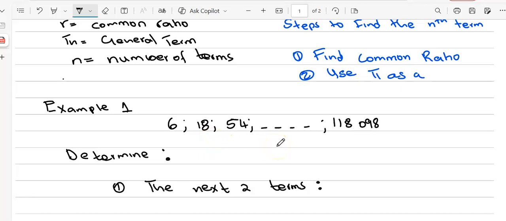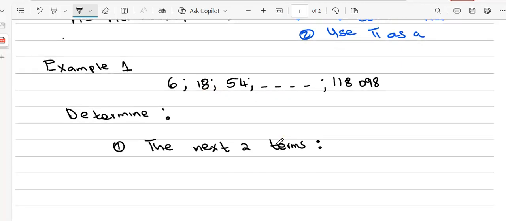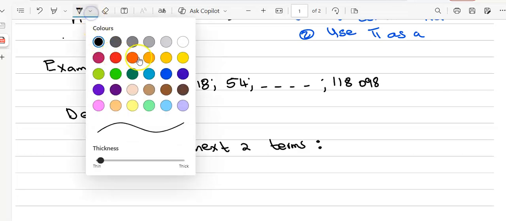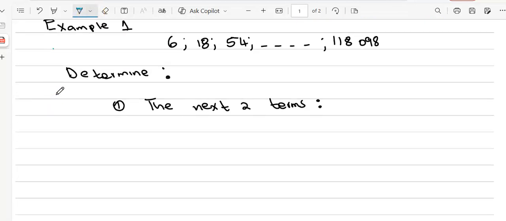To find the next term, we're going to multiply by the value of r. First thing first, you need to know what the value of r is. We said that r is the common ratio. Let's write it down: r is equal to T2 divided by T1.